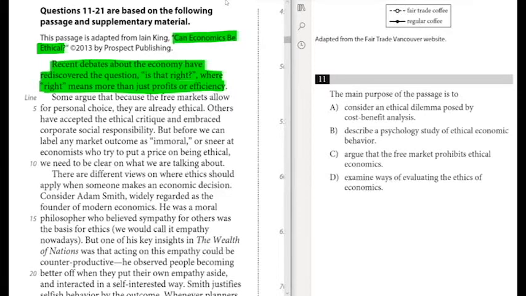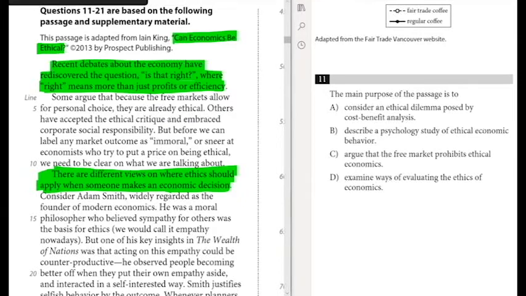That's basically what's being said in lines 1 to 3. Then if we skip ahead to line 11, there are different views on where ethics should apply when someone makes an economic decision. So all three of the places that we just pointed out are all talking about the role of ethics in economics. And so that is going to match up with choice D.